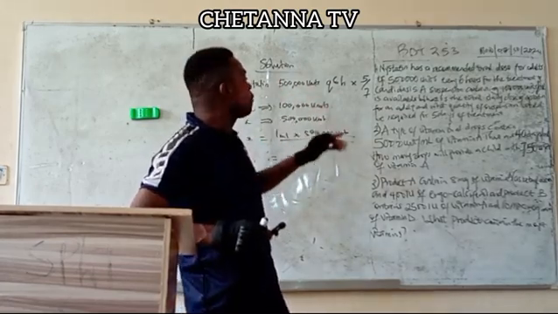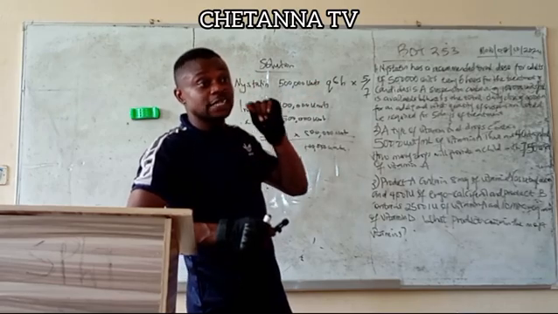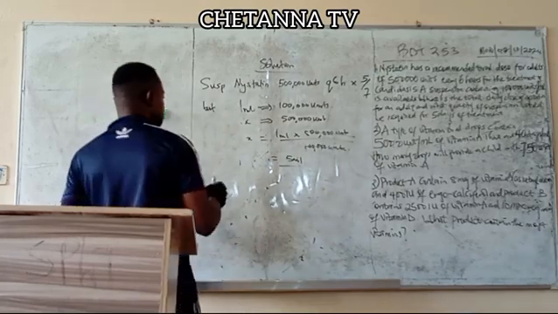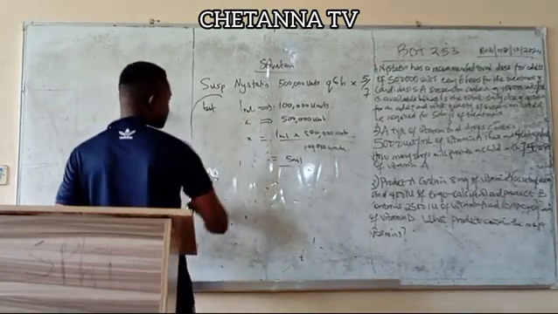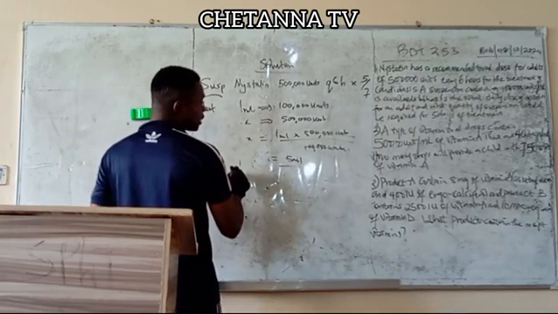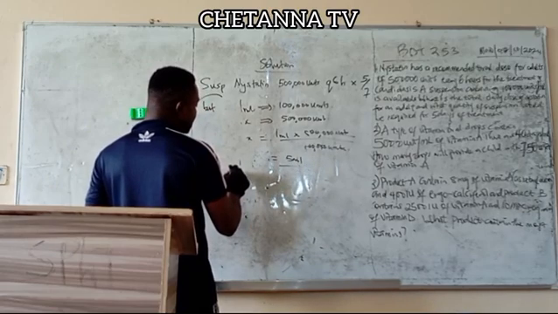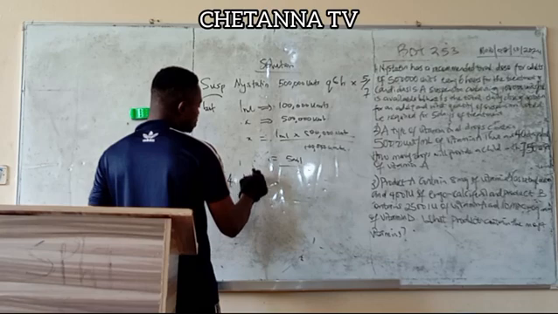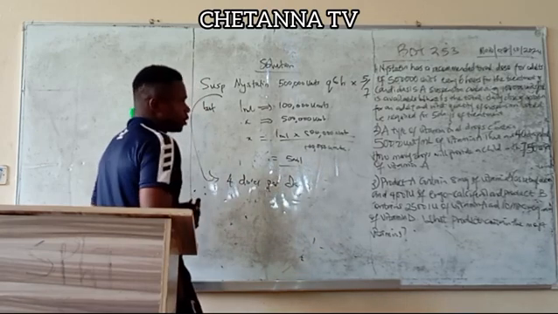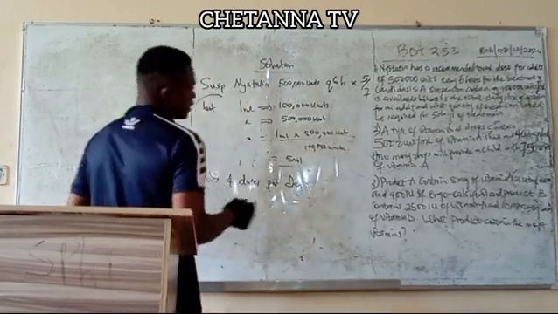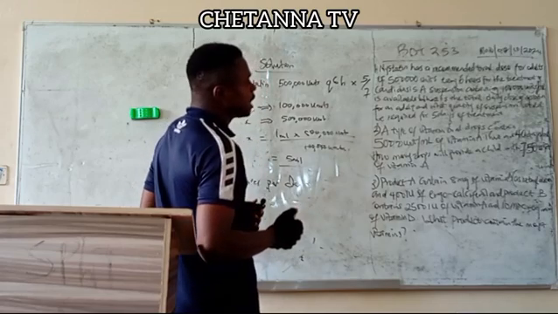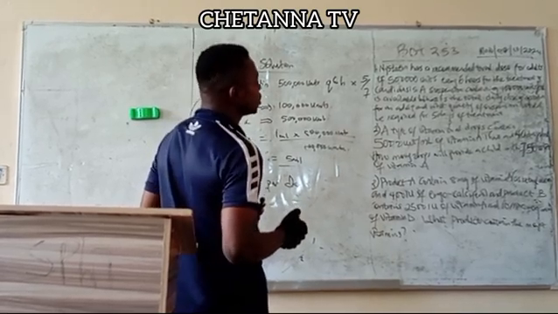If you divide 24 by 6, it is 4 times. So 4 doses. So this one should come here. So we have total daily doses: 4 doses per day.